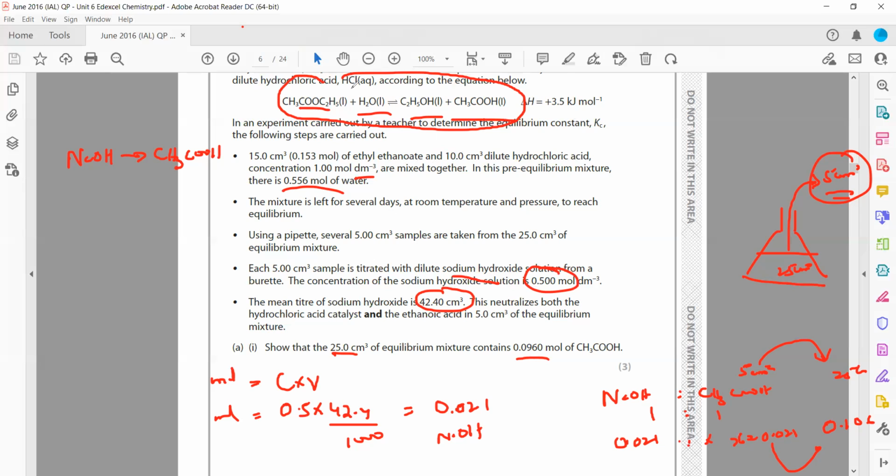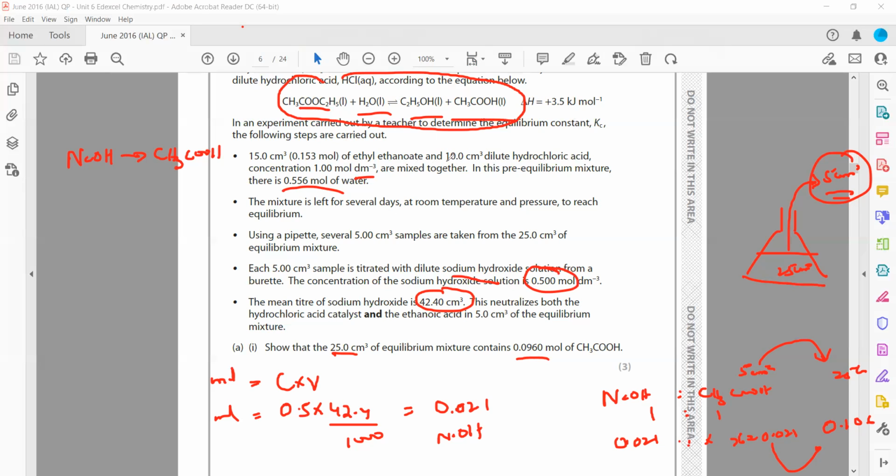So when they react with each other, as a result, they will give moles of ethanoic acid. Or the reverse reaction, because the reactants can form a product, and the product can form back the reactant.